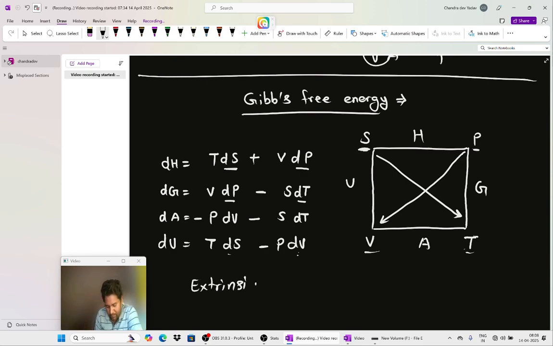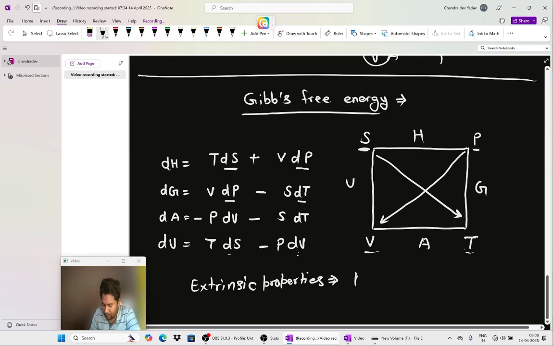We will discuss extrinsic properties. Extrinsic means properties which we can control in the lab.